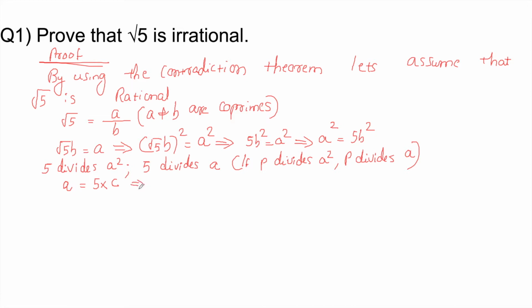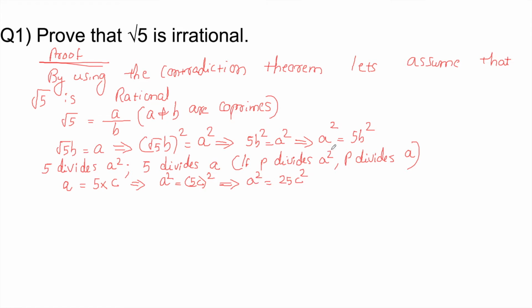After this step we are squaring both the sides. A square is equal to 5c the whole square. Okay. Now it becomes a square is equal to 25 c square. Now compare these steps. A square is equal to 5b square, a square is equal to 25c square.